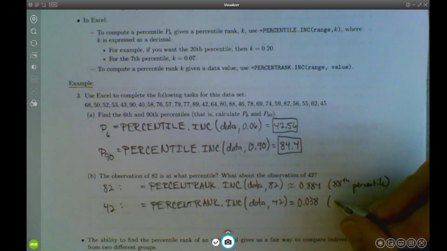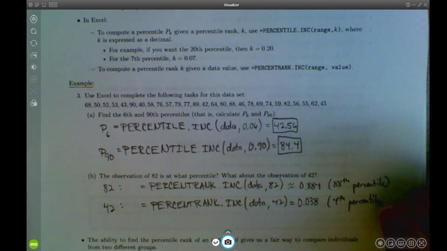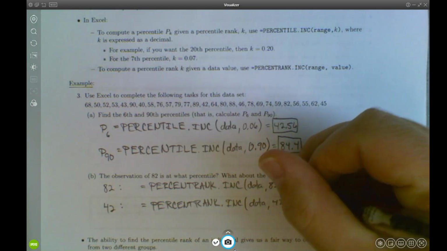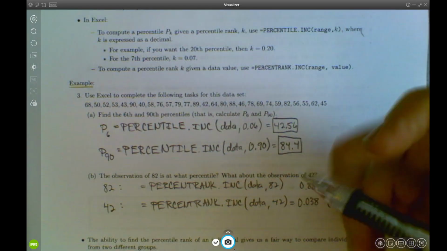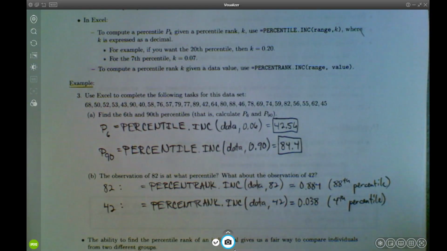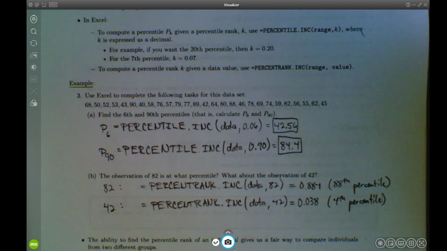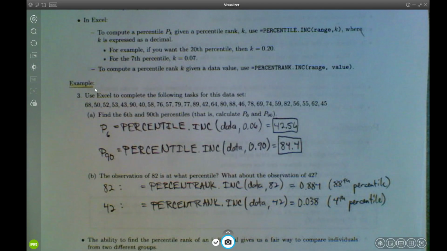So this is about the 4th percentile. And I guess I don't need an approximation sign because Excel gave me exactly 0.884. So that's how we would figure out percentiles and percentile ranks.